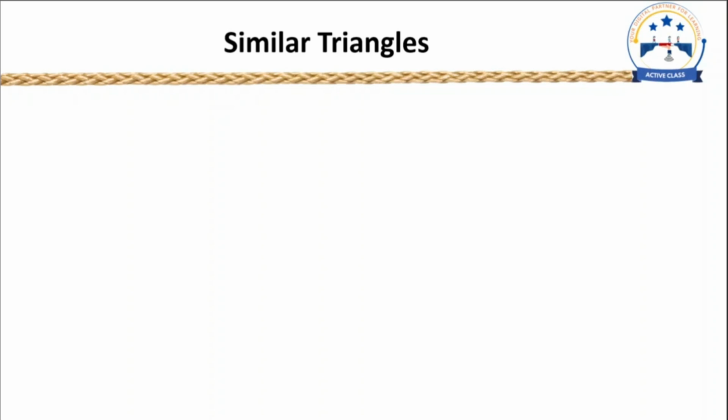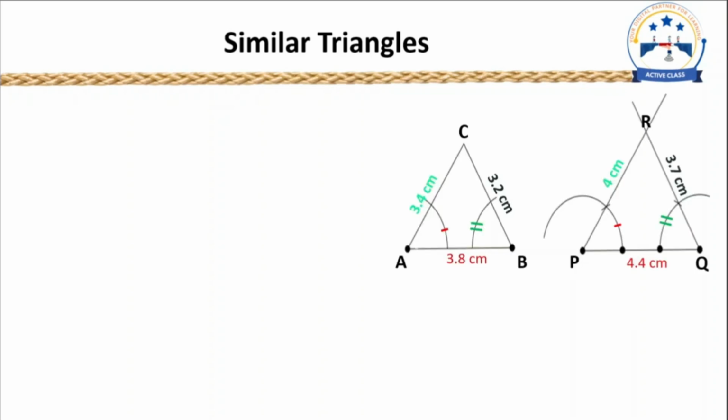Let's determine the relationship between the corresponding sides. Here I have kept the same two triangles that we constructed right before. In similar triangles, the corresponding sides are identified based on their corresponding equal angles.